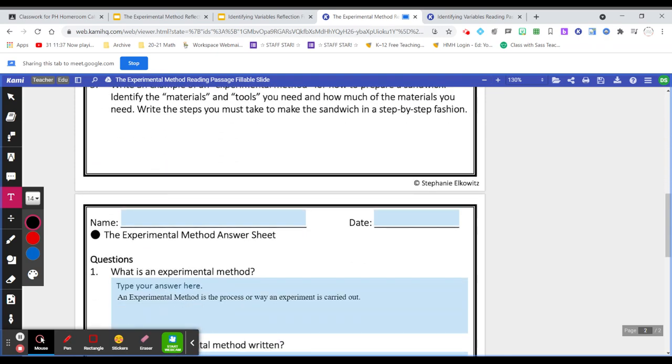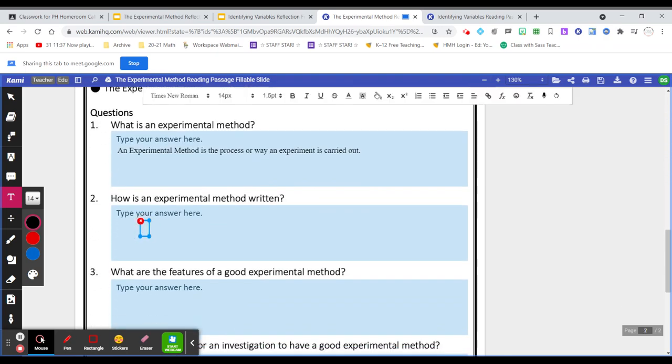So we're going to write an experimental method is written in a step by step manner in chronological order.